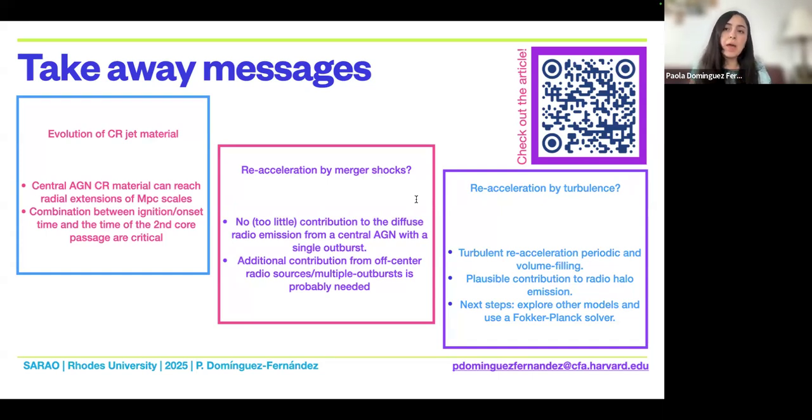So the outburst has to happen before the first core passage. Another interesting thing I am seeing is that it only happens for a specific impact parameter of the merger. Yeah, I don't know if that answers your question.